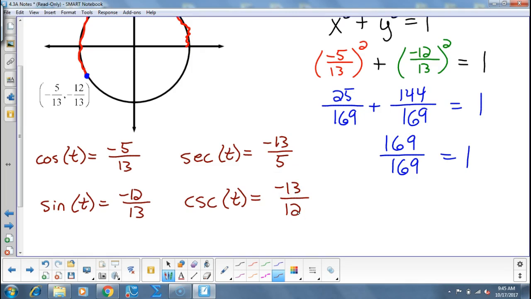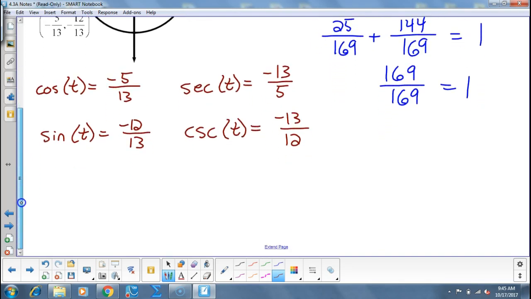Now, we've got to do a little bit of math, because now we have to come up with tangent and cotangent.